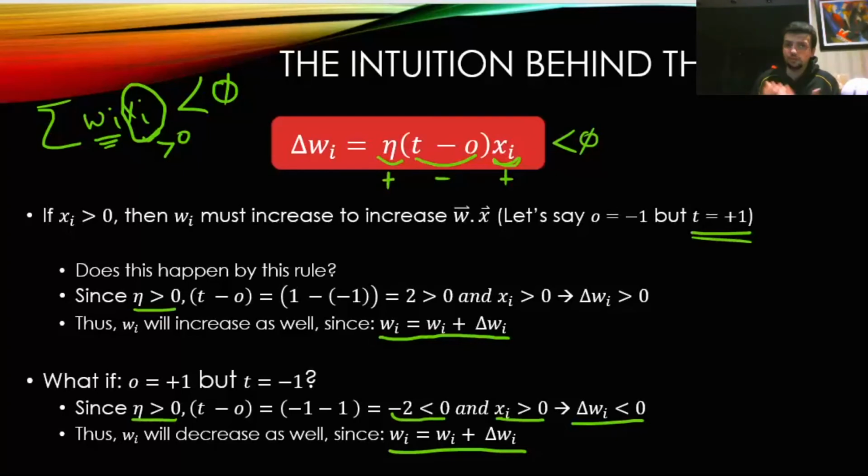So the new value of Wi equals the previous value of Wi plus a negative value, which means you are actually decreasing Wi, just so you would make the output of your neural network closer to the ground truth, which in this case is -1.